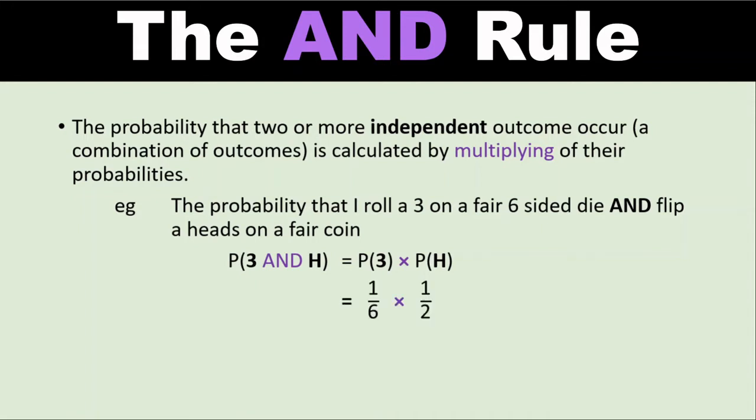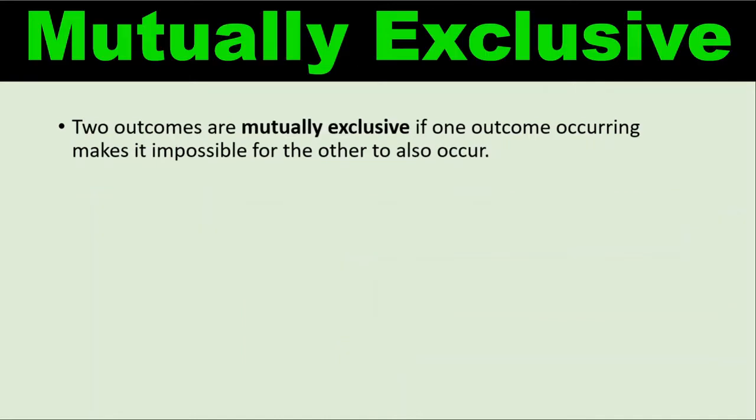The probability of rolling a 3 is 1 over 6. The probability of flipping a heads is 1 over 2. That's a combination of outcomes, and their probability of happening together is 1 over 12. This rule should not be new for you, but take care not to confuse the AND rule for independent events with the OR rule for mutually exclusive events.